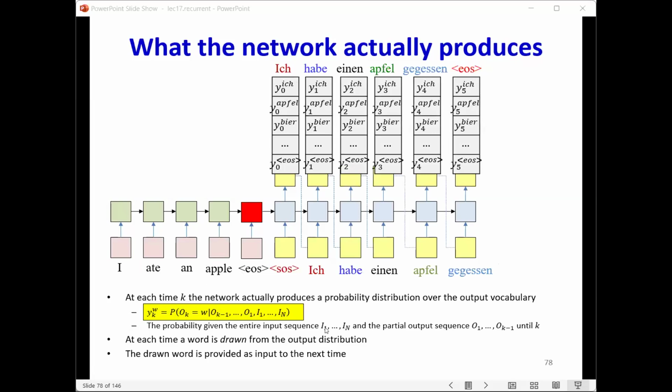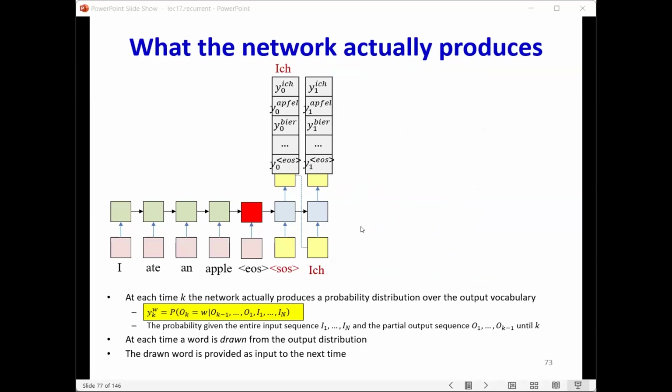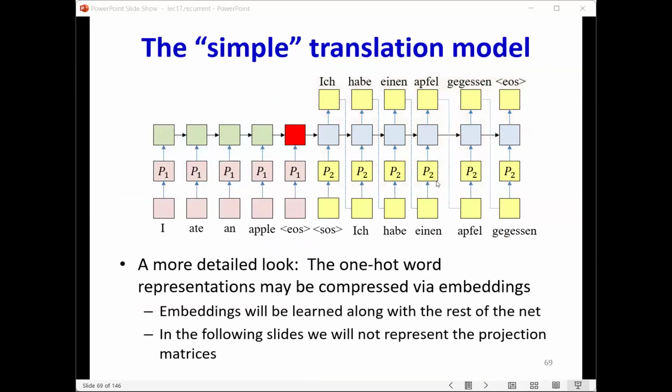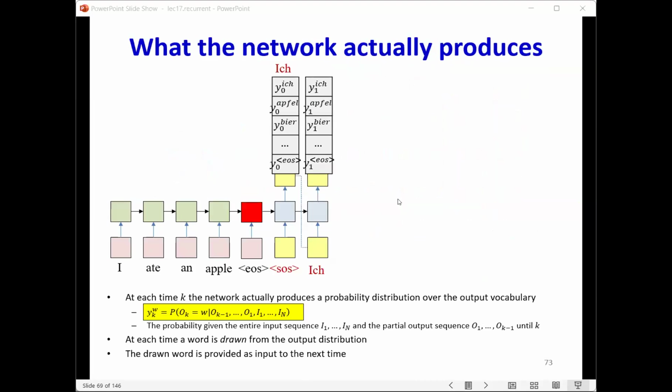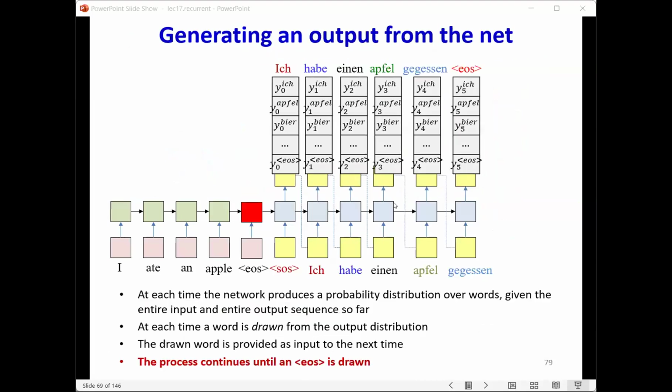So is this making sense? The idea, right? So when this goes back in, that's going to go through the projection matrix. So we always have the P, okay? Like I said, I'm not going to explicitly show these P's, but these P's are ever present. And so this is how the generation is done.